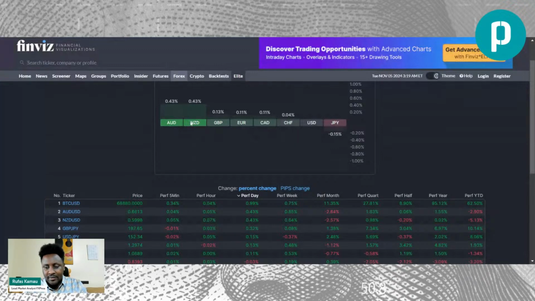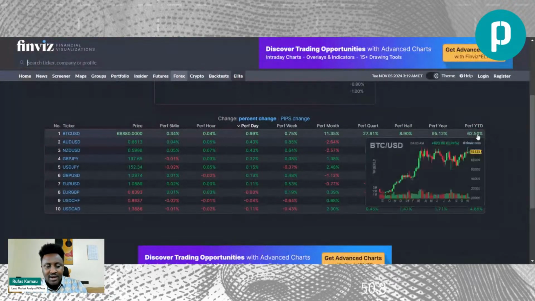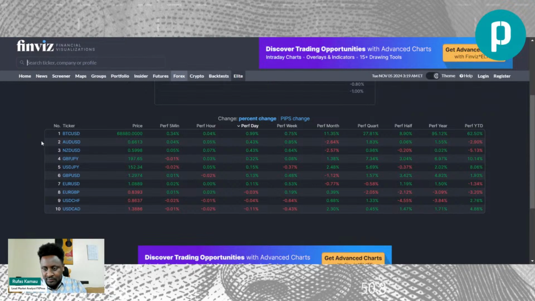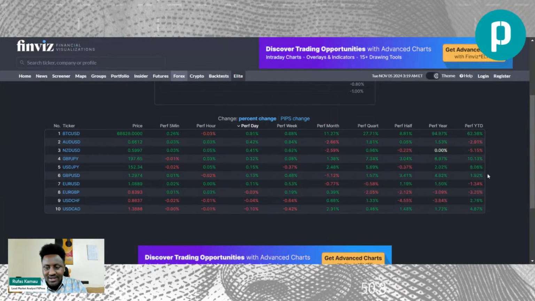So, looking at year-to-date performances, Bitcoin is still up 62.5% against the US dollar, whereas on other crosses, we see the pound yen being a big performer this year, up 10.14%. We also have the USD yen up 8.06%, meaning that the yen has majorly been losing against the US dollar.